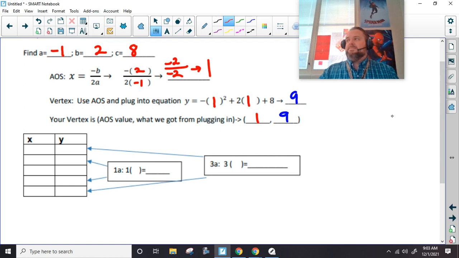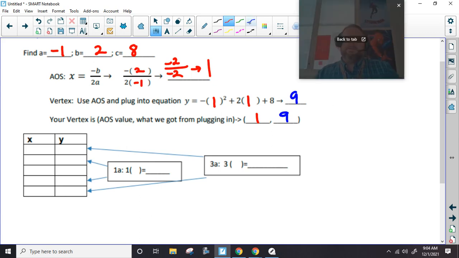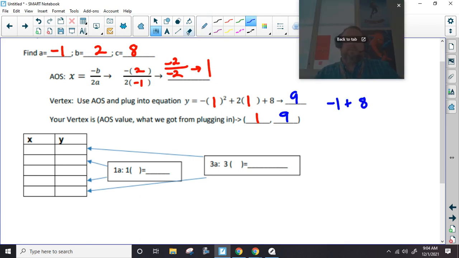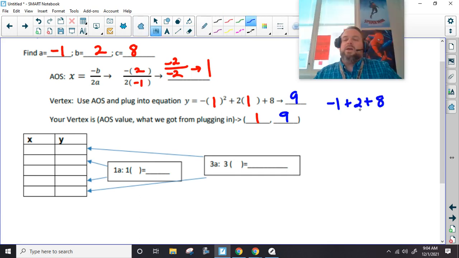How did I get 9? All right, so this is 1 squared is 1 times a negative, so that's -1 plus 2 plus 8. Oh, I forgot to write a number. I said it, I didn't write it. All right, what's 2 plus 8? Minus 1. 9.